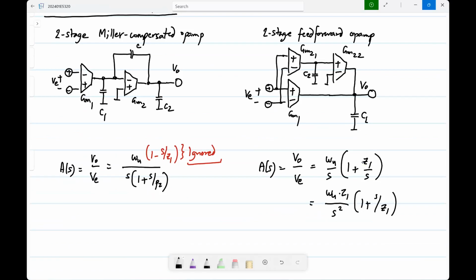So it has a zero in the transfer function, right? Now the difference between the zero in this and the zero in that one: I was able to ignore it here, but I won't be ignoring it there. Why is that? Anyway, we'll see. This is a non-dominant zero. It's supposed to be, after the unity loop gain frequency, whereas this will be before that. Okay.